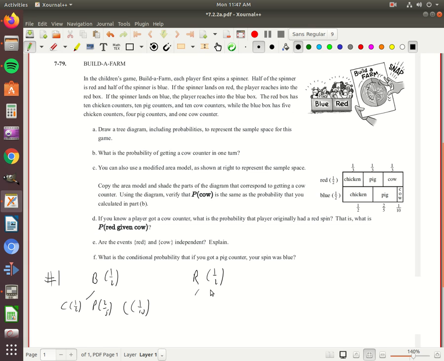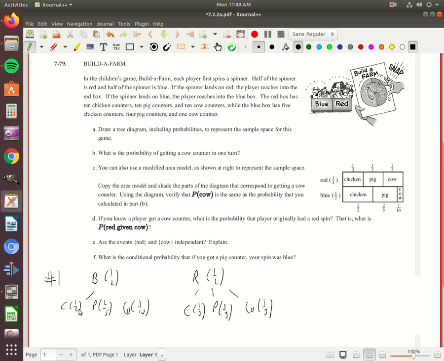If it's red, I'm going to get a chicken 1/3 of the time, a pig 1/3 of the time, and a cow, I'll put CO for cow, 1/3 of the time.